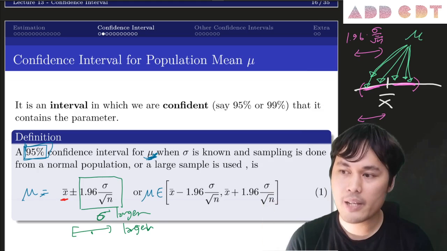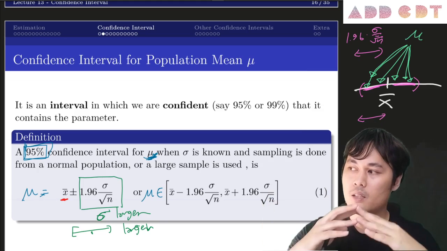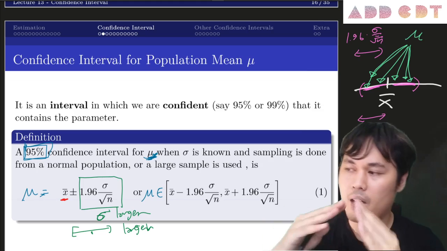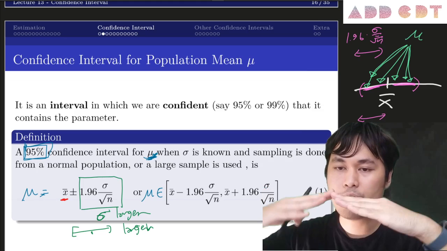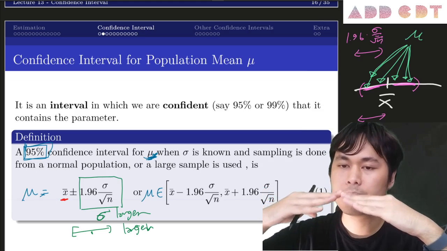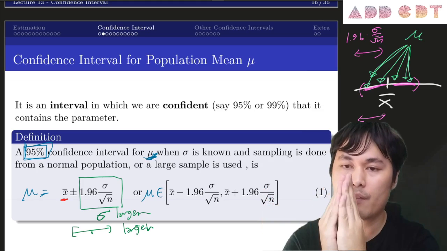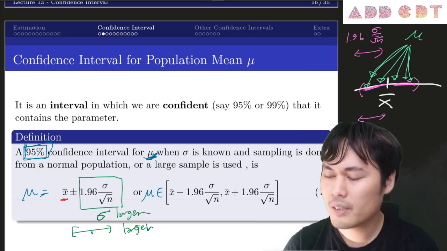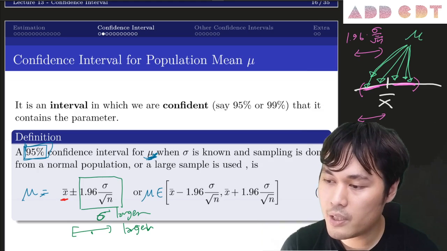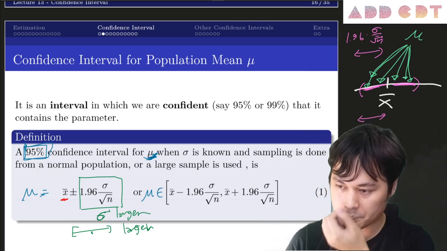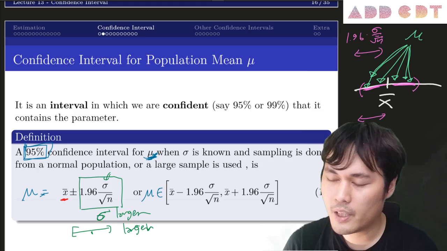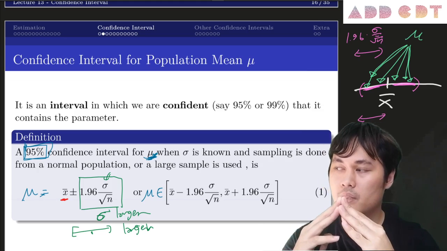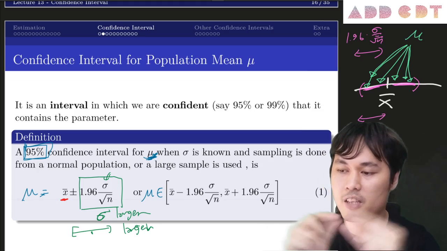If sigma is high, then we know all the data are spread out, like a flat curve. If sigma is small, then we have a tower. If sigma is large, we have a flat curve. And that agrees with our intuition about the center and the spread. If sigma is larger, then the data points are spread out.